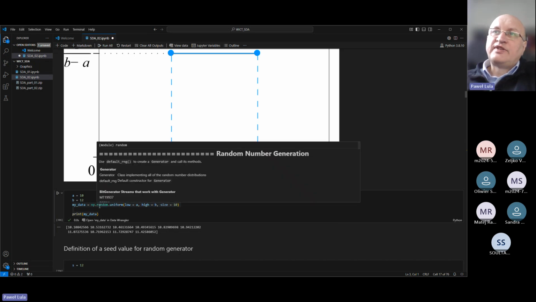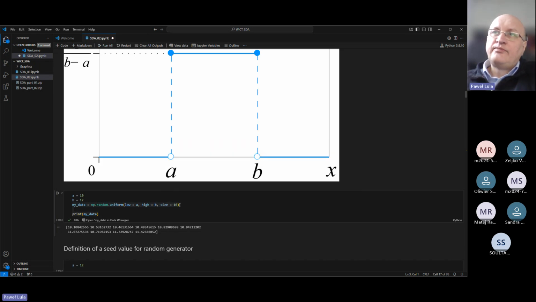We have this example. It is the same example which was presented at the beginning of our presentation. Here we defined these limits, A and B, and the number of values which I'm going to generate. Here, 10. And we see that 10 values were generated.